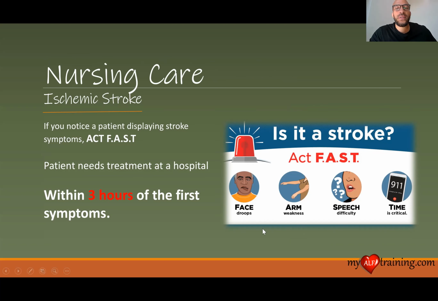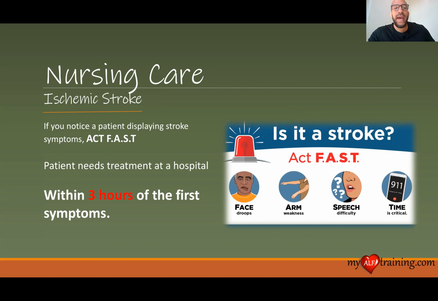So FAST stands for face, arm, speech, and time. And you should act fast. So the acronym is imploring you to move quickly in consideration of the brain cells that die so quickly due to the lack of oxygen and blood flow.